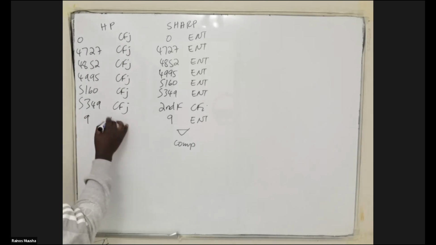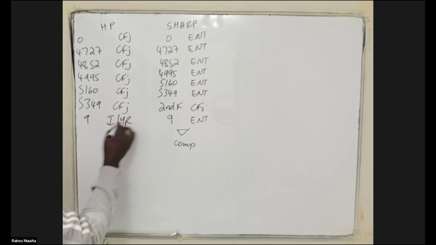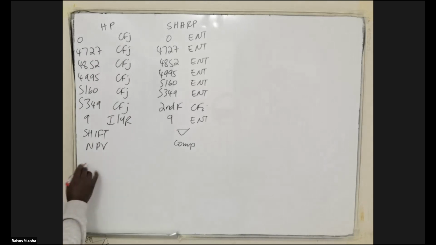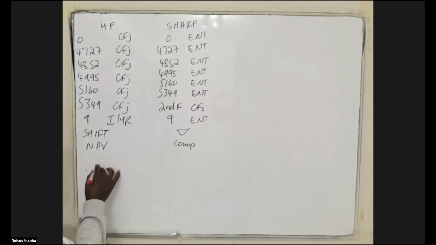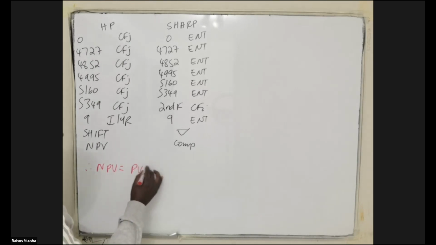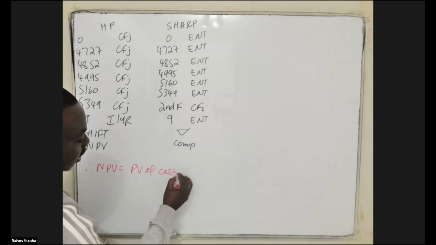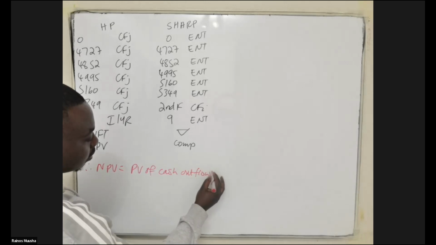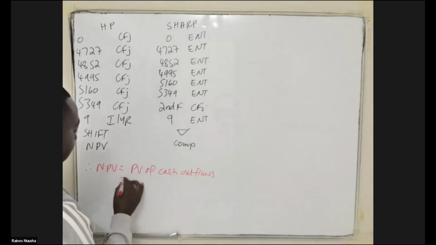Then you say 9 is the interest per year, and then shift, and then you look for the net present value. So given this information, the net present value that you're going to calculate there is also the present value of cash outflows. And how much do you get?